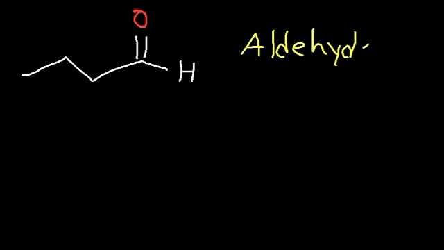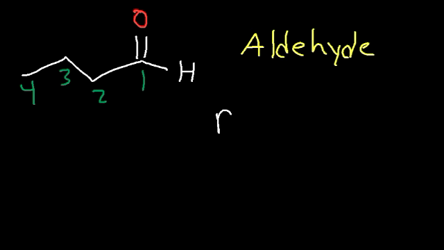So now, how would you name this compound? This is an aldehyde, and like a ketone, it has a carbonyl group, but it's at the end. Because the carbonyl group will always be at the end, if the aldehyde has the highest priority, you don't have to number it, because it's always going to be on carbon 1.